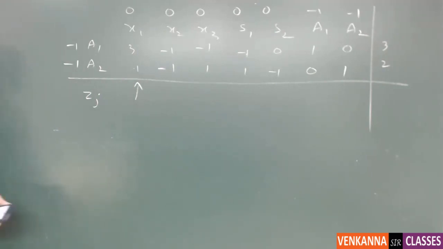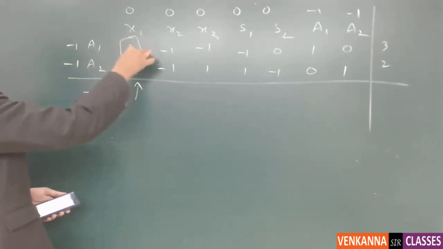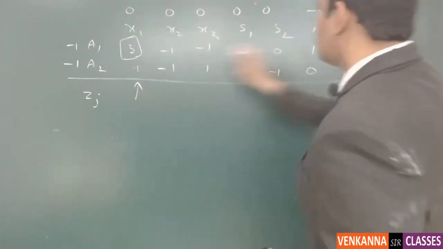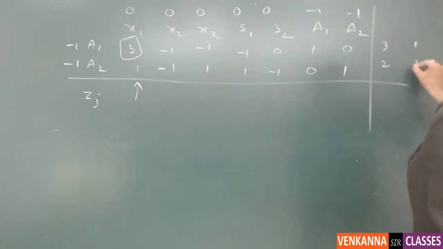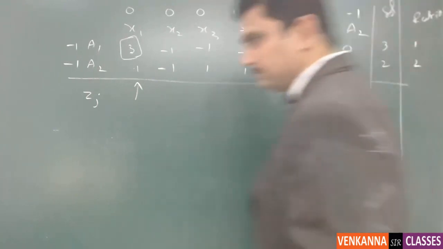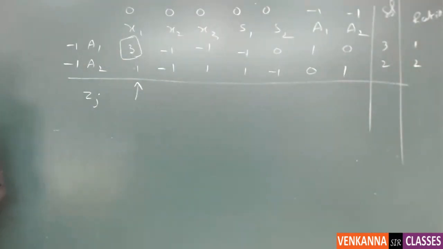So I will say that pivot element is 3 by calculating the ratio with solution, 3 by 3 and 2 by 1. This is the ratio and this is the solution. Accepted to all?